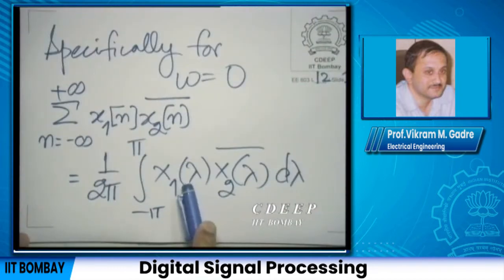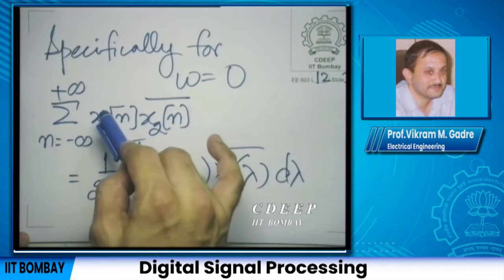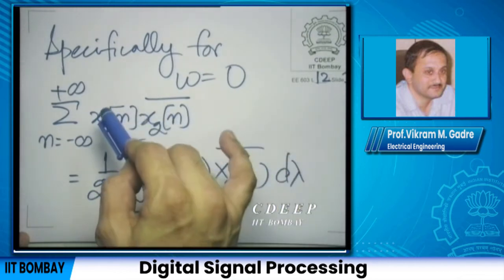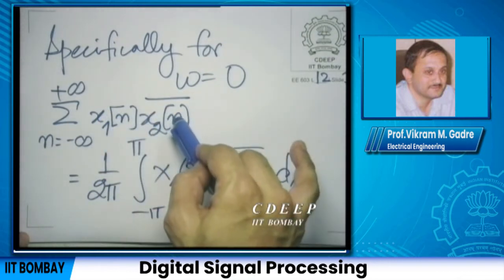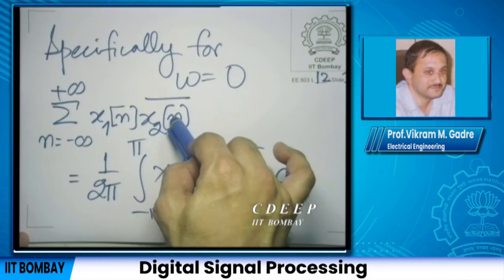You see, on the right hand side, you have a product of corresponding points on the discrete time Fourier transform. Of course, the second one is complex conjugated, like it is for the sequence here. You multiply each point of the sequence by the complex conjugate of the corresponding point on the other sequence, and you add up over all such points.